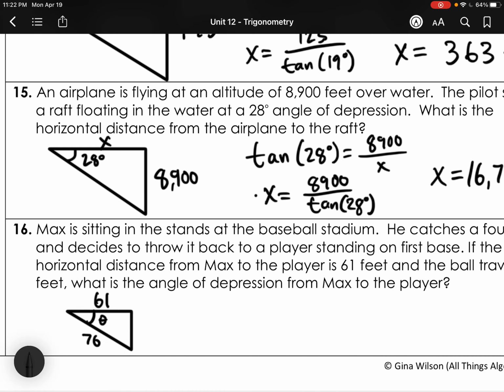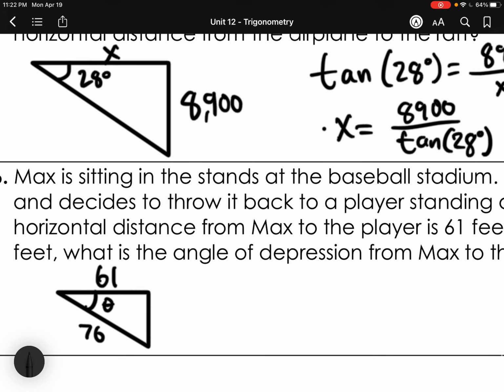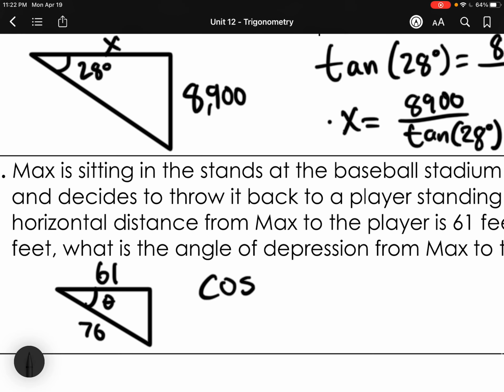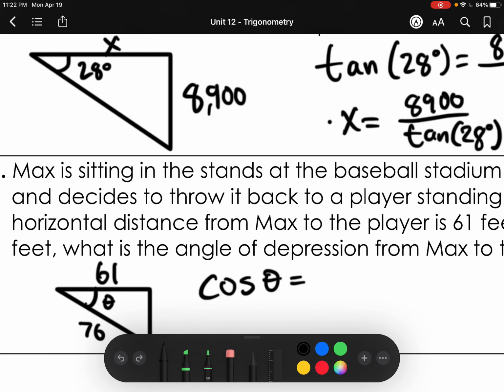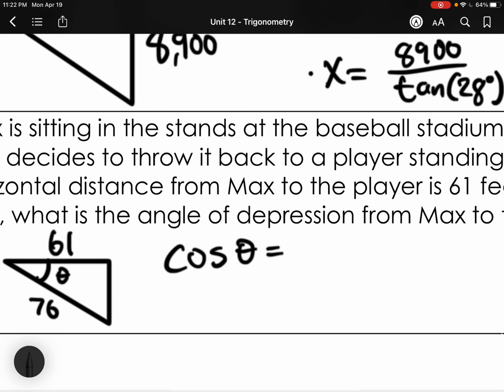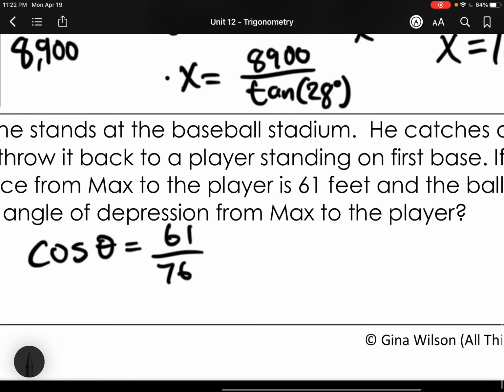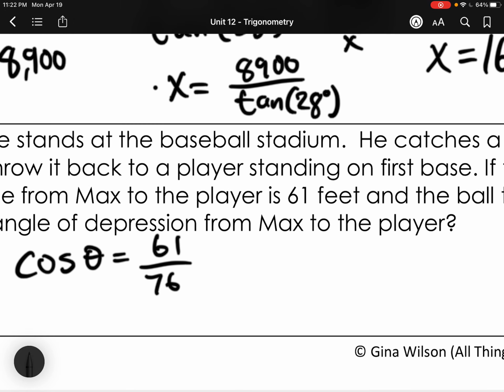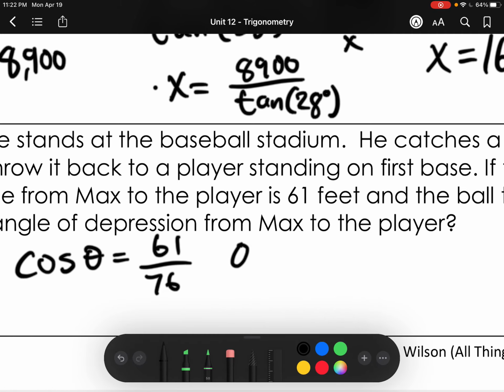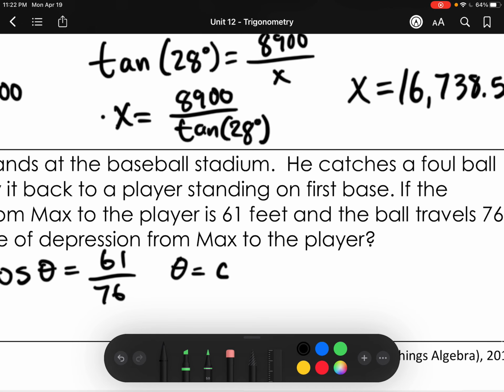So in reference to this angle, we're given the hypotenuse and the adjacent side, right? So we're going to be using cosine. So cosine theta is equal to adjacent over hypotenuse. So adjacent is 61 and hypotenuse is 76. So now we're going to write it in terms of theta, and we're going to be using the inverse of cosine. So theta is equal to the inverse of cosine of 61 over 76.